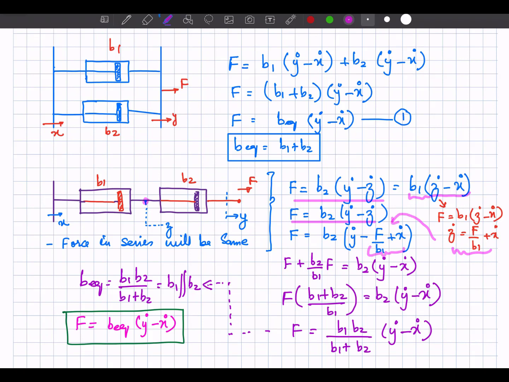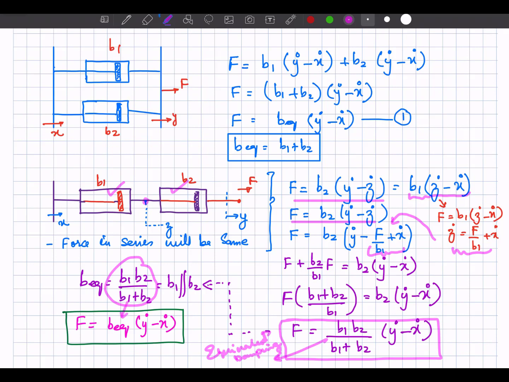After simplification you will get this expression, and we can say that this is the equivalent damping constant, just like the expression for two resistances connected in parallel. So when the dampers are in series, their net coefficient is given by this expression.